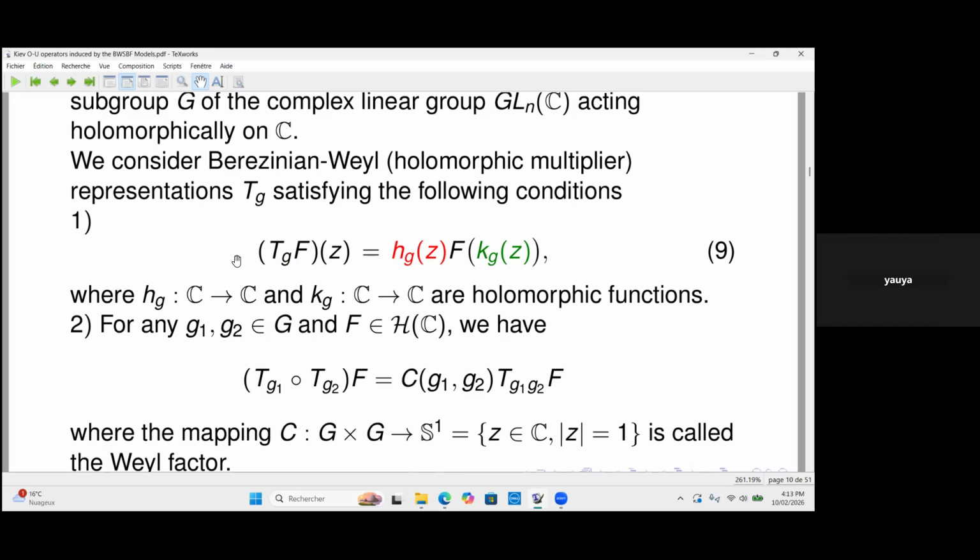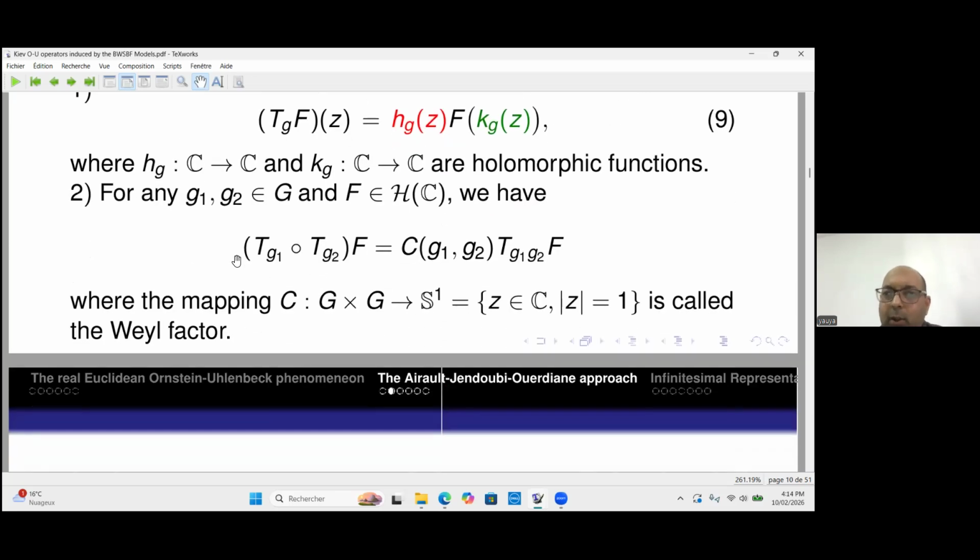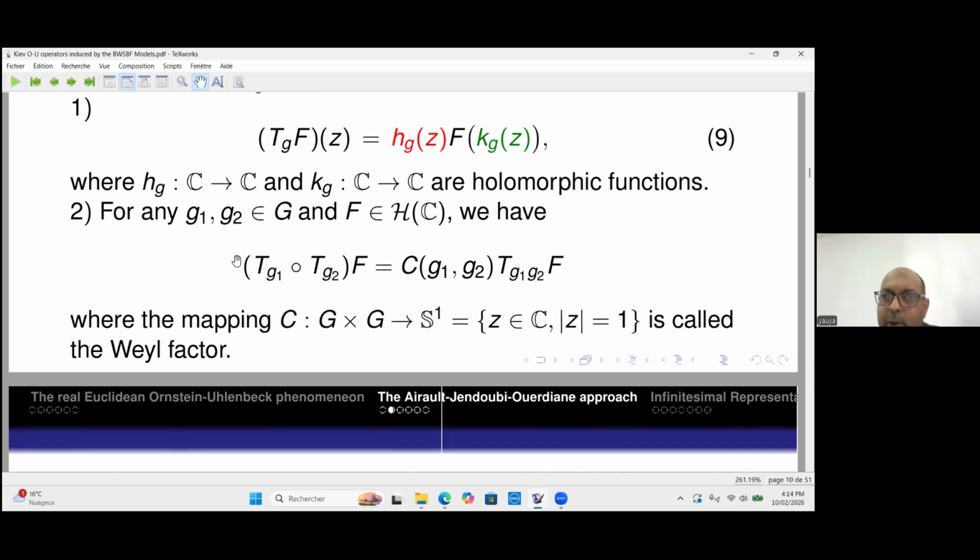Okay, the reference here is represented on some reproducing kernel Hilbert space. The reference is the Fock space, the space of holomorphic functions that are integrable with respect to the Gaussian measure on C. Our representation may satisfy conditions 1 and 2.